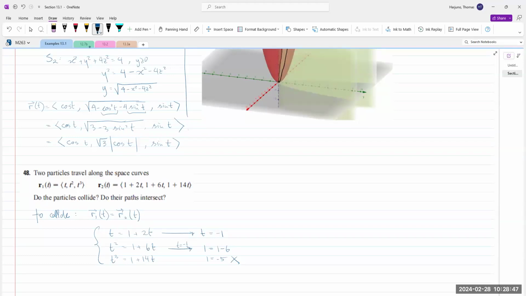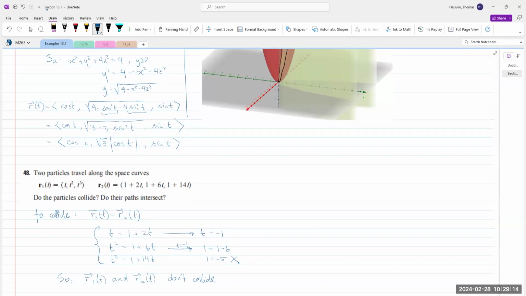Okay, so R1(t) and R2(t) don't collide. Means they never reach the same coordinate at the same time.